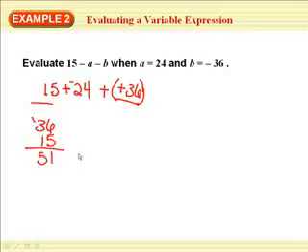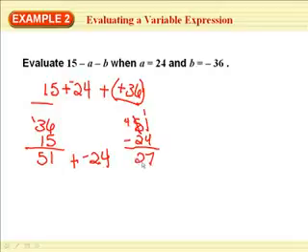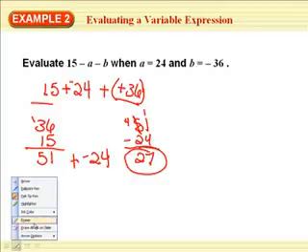That's 51 plus the -24. Those signs are opposite, so you subtract. And there were more positives than negatives, so the answer is +27. Let's see how they did this.